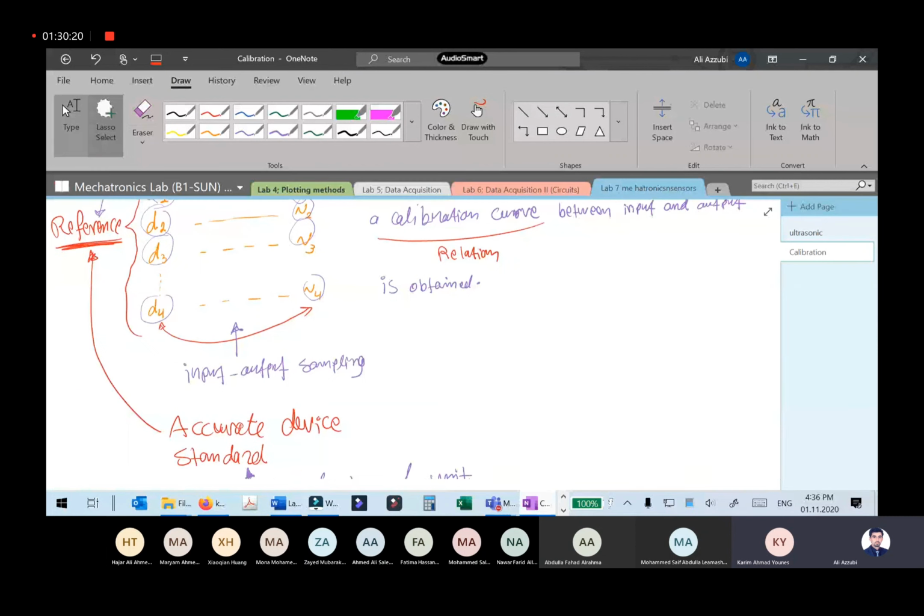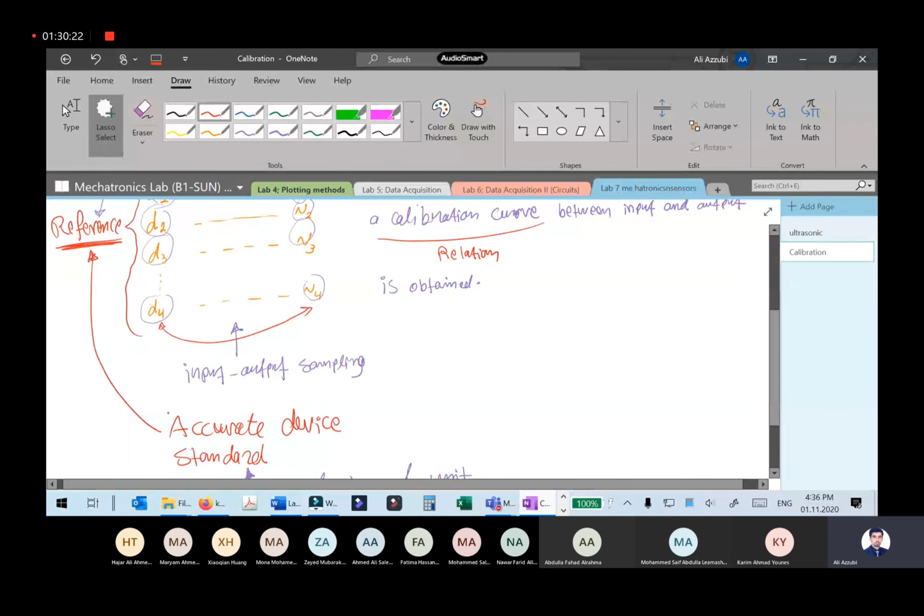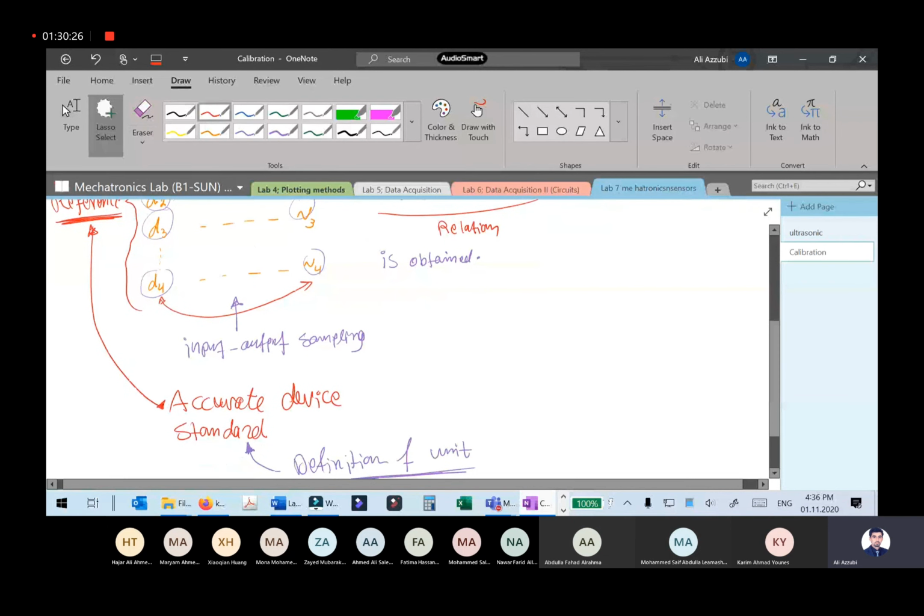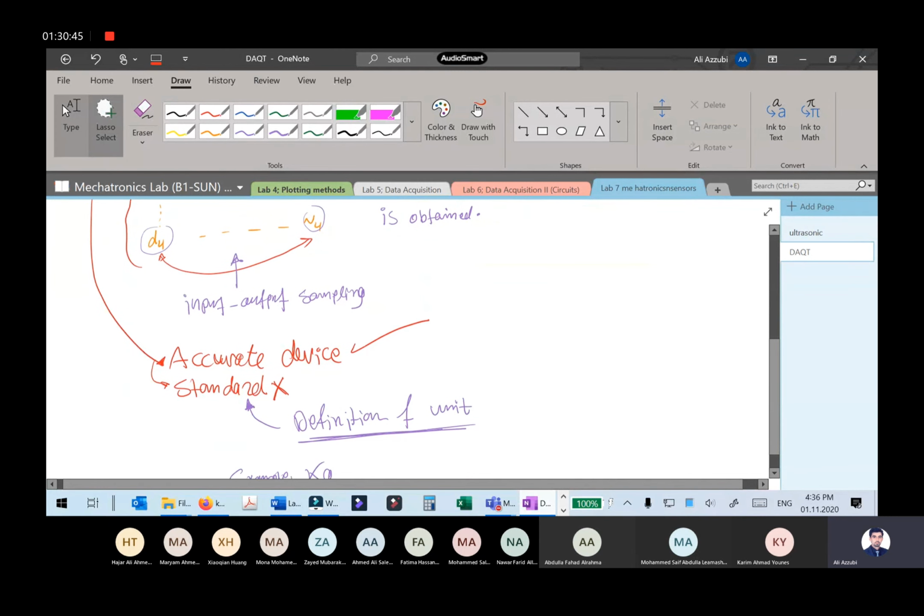Yes, basically you are talking about the reference here, and it can be the standard or can be another accurate device. Now we don't have a standard. We just have, we can say, an accurate device.